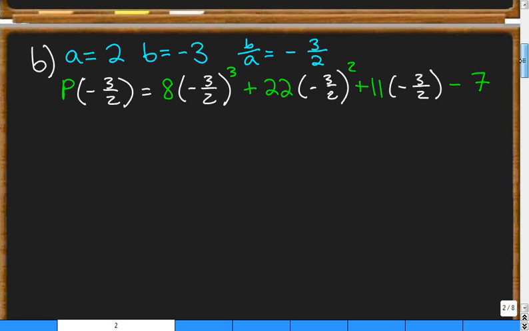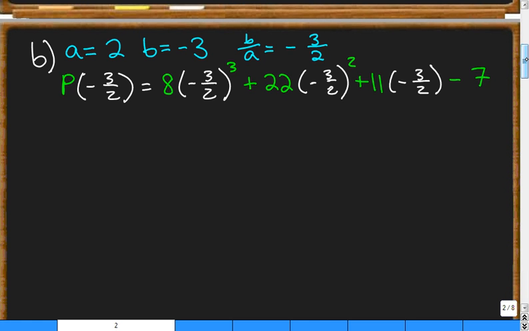So now we've got a little bit of computation that we've got to do, but just take it one part at a time. Should be okay.